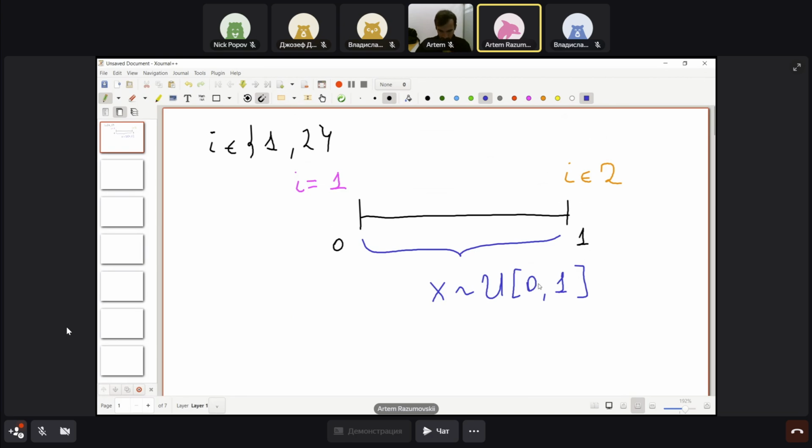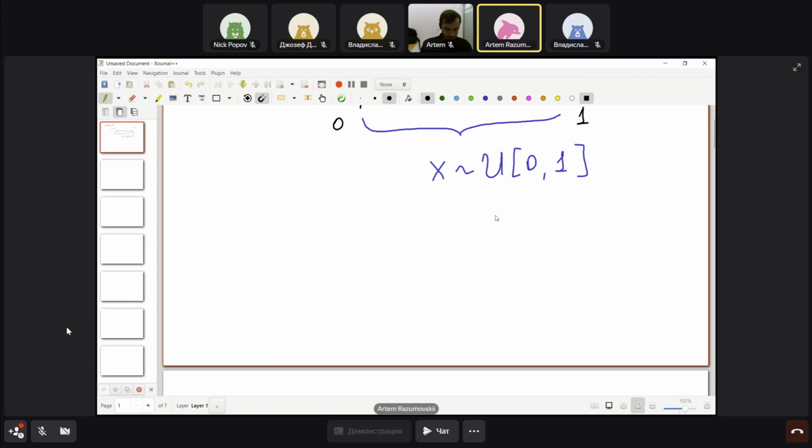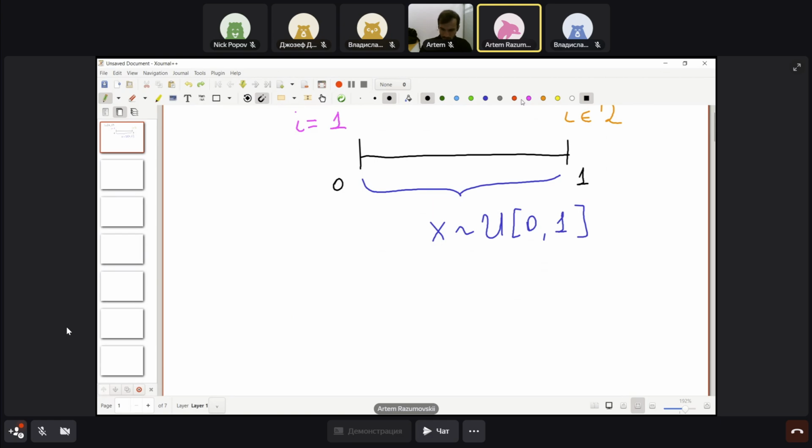Then we can think about a different dimension here. So you have agency 1, and you have agency 2, in a different color, and then they can pick from the interval from 0 to 1.